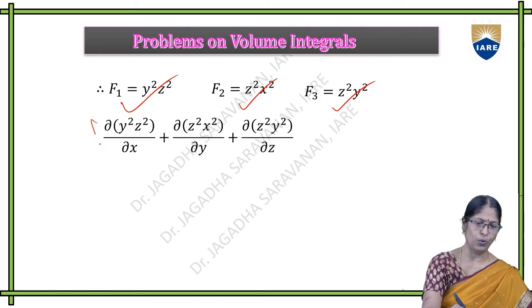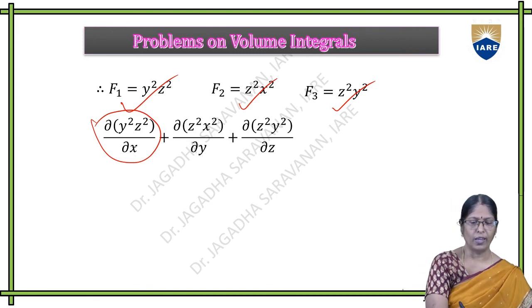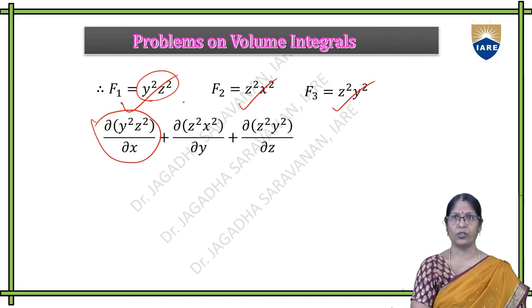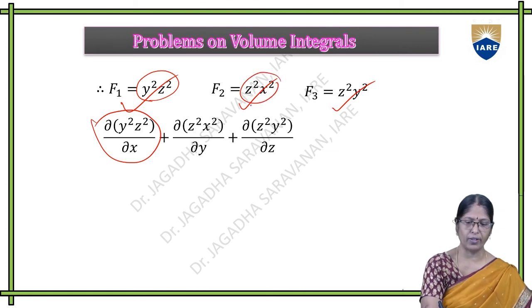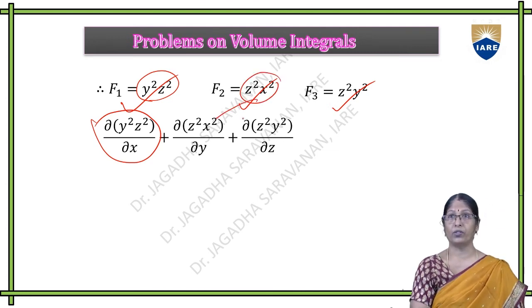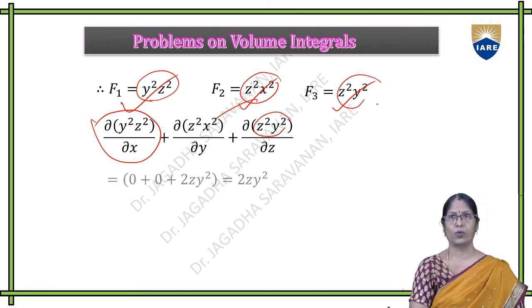Now we will do dou F1 by dou x, where F1 is replaced by our term y square z square. Next, dou F2 by dou y, where F2 is replaced by z square x square. Next, dou F3, which is replaced by z square y square.